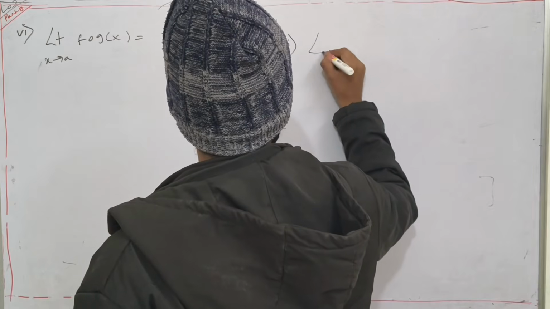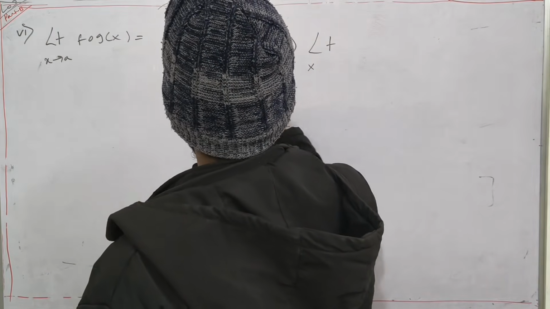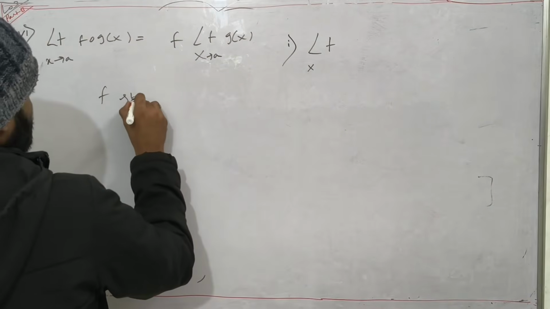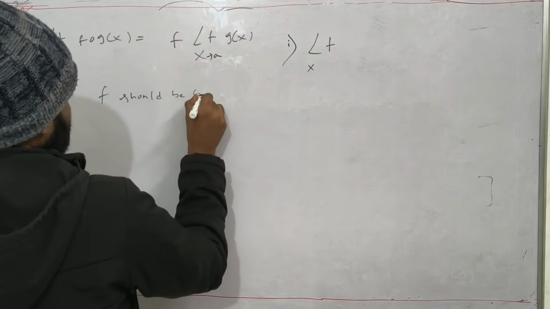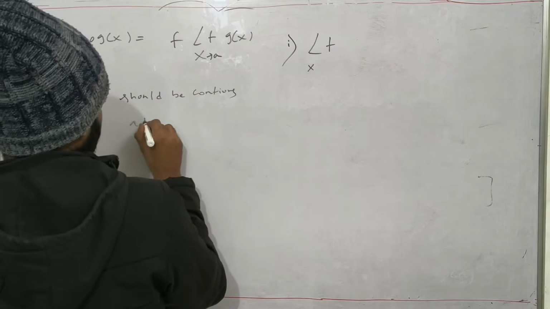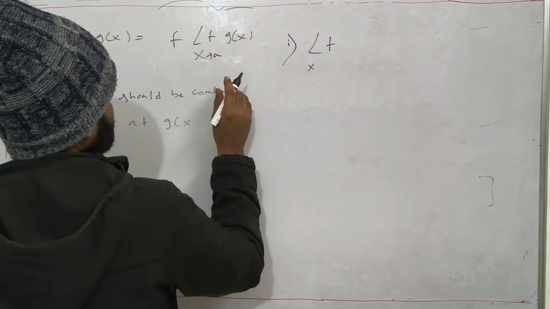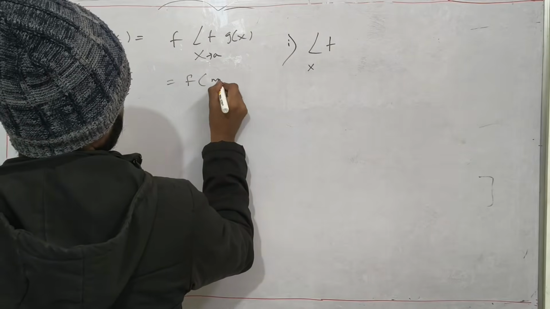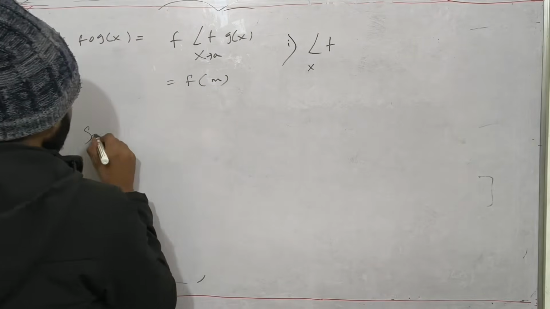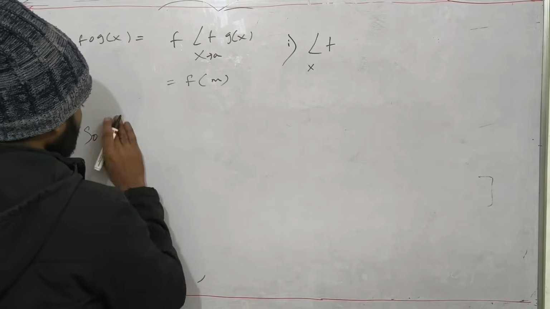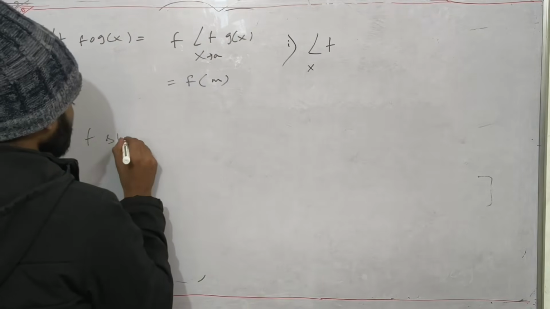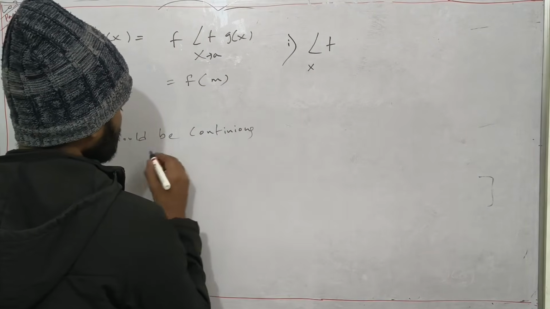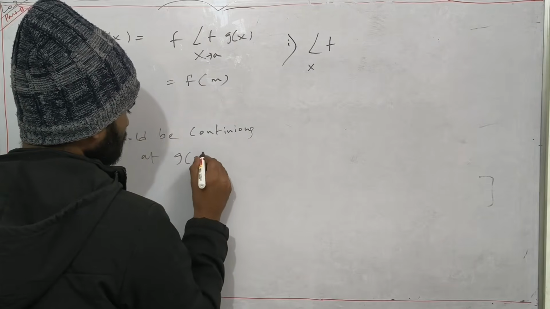First one is limit x tends to a, and there is a note here that f should be continuous at g of x equals m. So f should be continuous at g of x equals m, and this equals f of m.